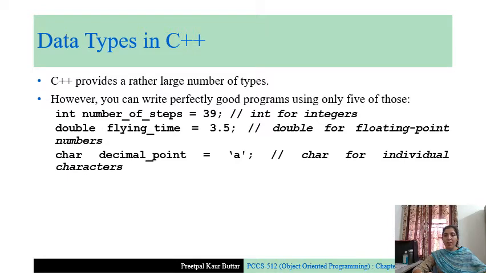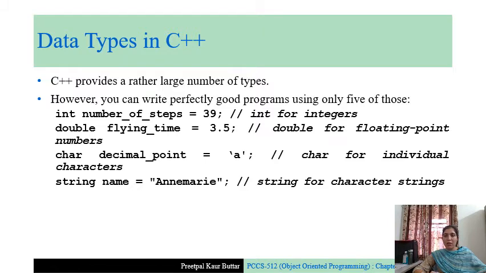Whenever you are using the char data type, the value has to be inside the single inverted commas. The next is string for character strings. For example, string name equal to "Anna-Marie". Here the value is inside double inverted commas. In char, the value is inside single inverted commas. In string, the value is inside double inverted commas.